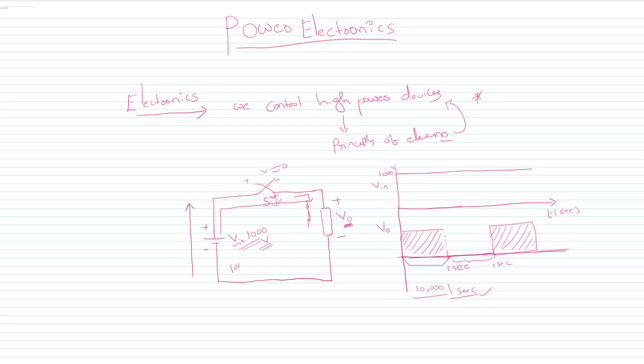But since it is high power and I ask you to go for 10,000 times, I ask you to go for electronic principles. This type of concept, the application of electronic principles in the power area, we call power electronics.